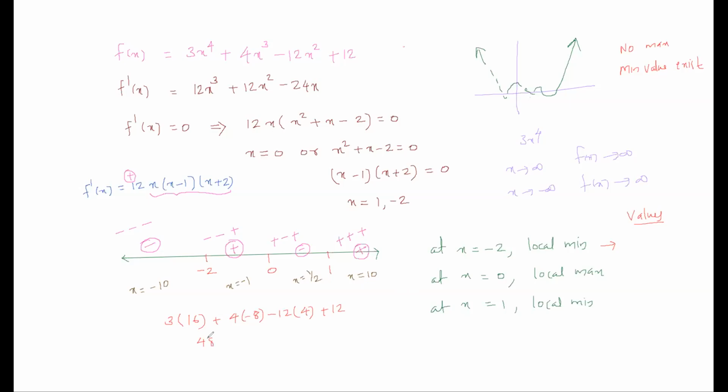So 48 minus 32 minus 48 plus 12. 48 minus 48 cancels. Minus 32 plus 12, that is -20.